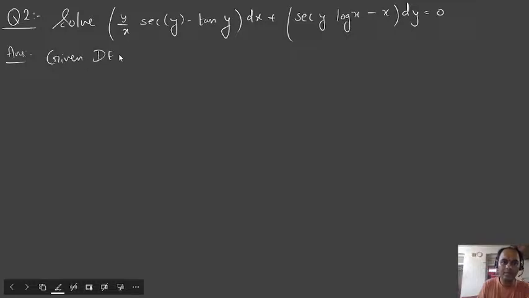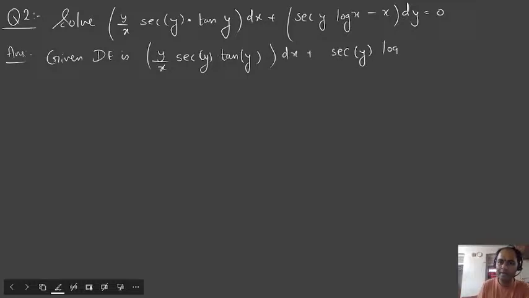(y/x) sec y into tan y dx plus sec y (log x minus x) dy equals 0, call it equation 1.